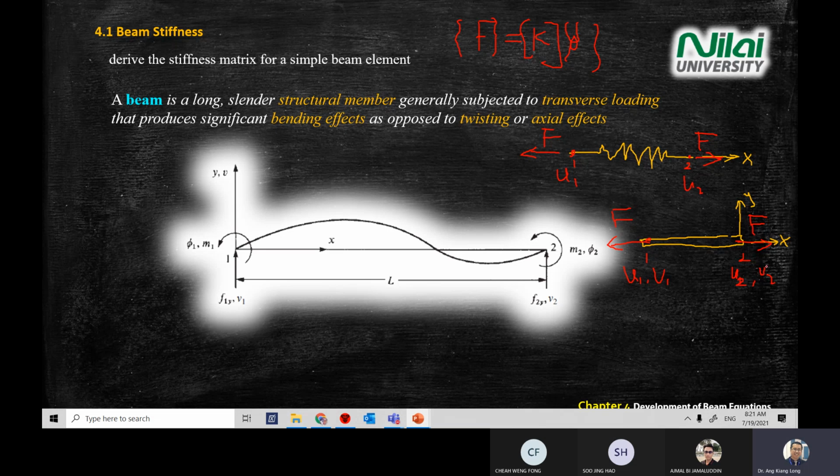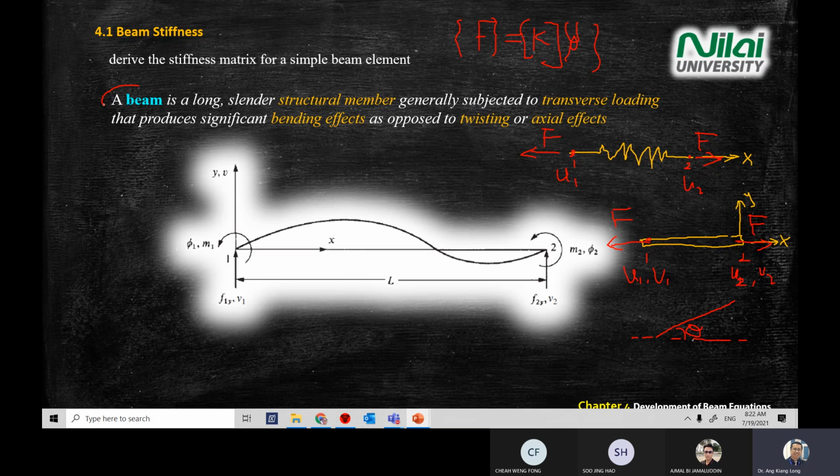Now we have explained what spring and bar are. So when you find your F equal to KD, you have different K and D for spring and bar.